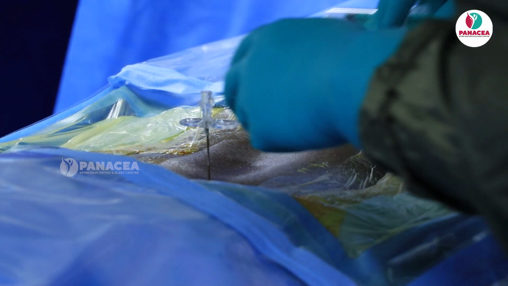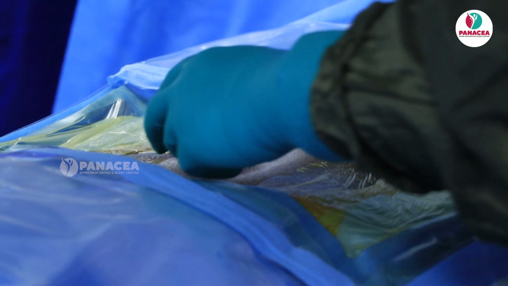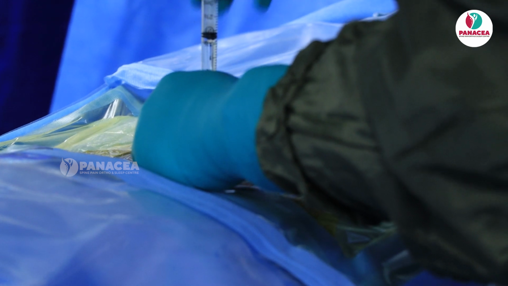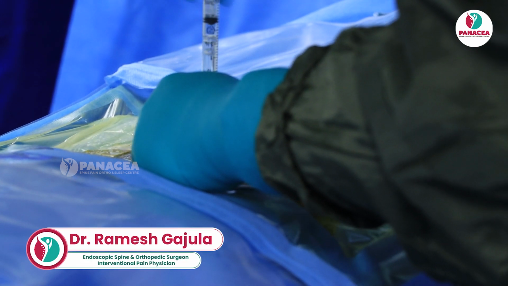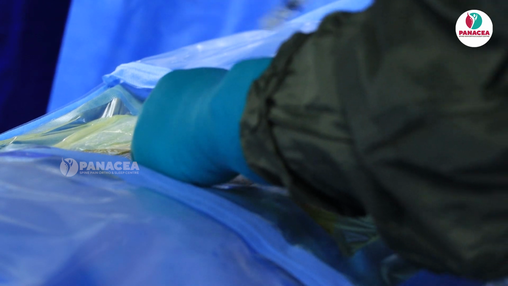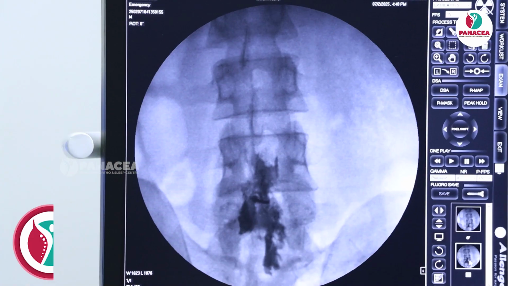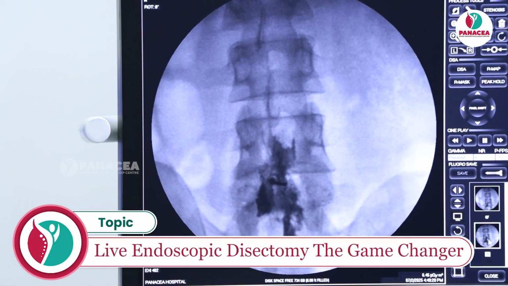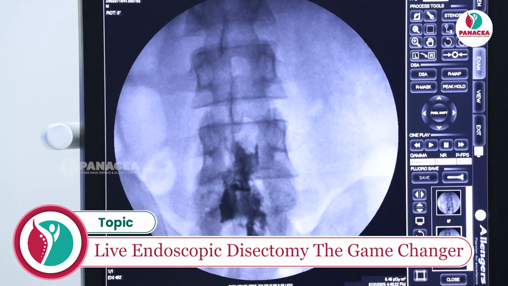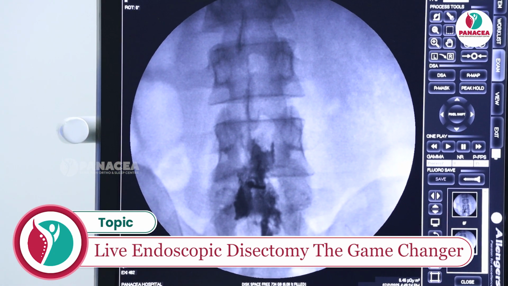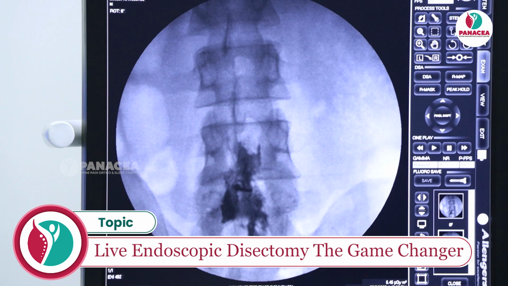Now we could elicit the epidural space with loss of resistance. Here I am injecting contrast dye in order to double confirm. Then we will take a shoot. After eliciting the epidural space by LOR with Tuohy's needle, we have given dye. You can see the dye spread in the epidural space.